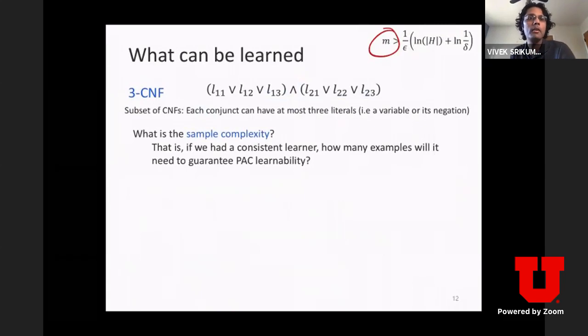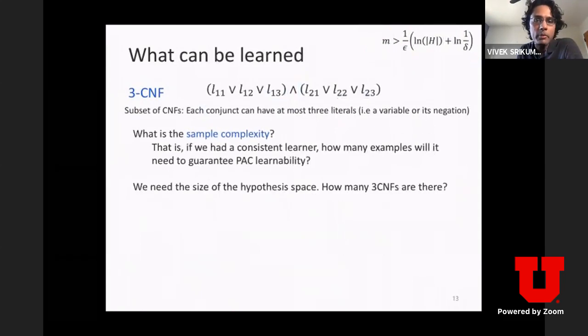What is the smallest value of n? For that, we don't get to control epsilon and delta because those are the parameters to the situation. The only thing that we want to compute is the size of the hypothesis class. So really, when we talk about sample complexity here, we are talking about the size of the hypothesis class. How many 3CNFs are there?